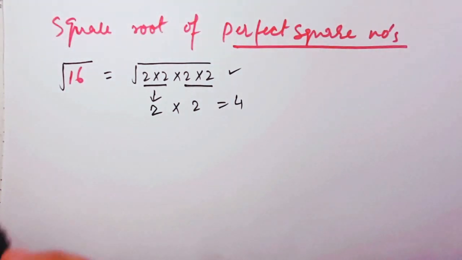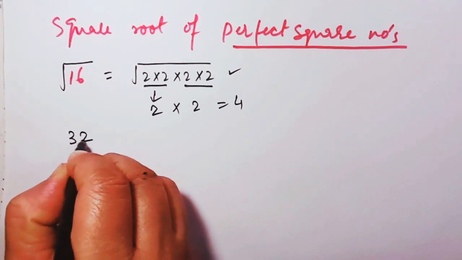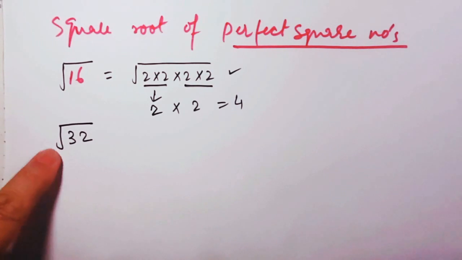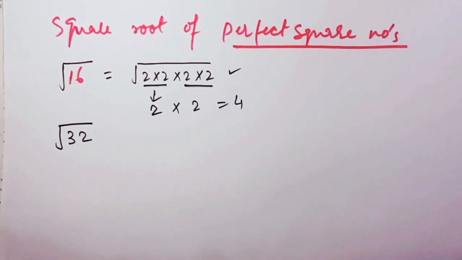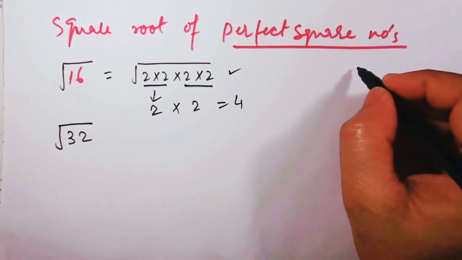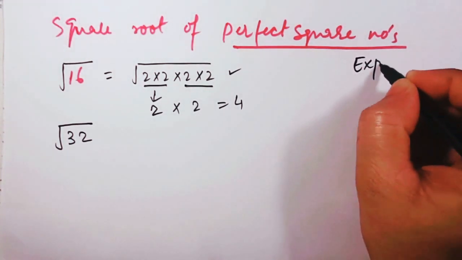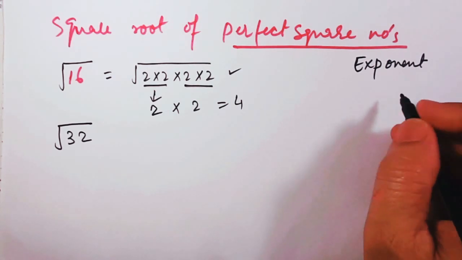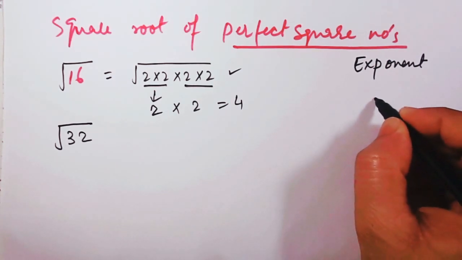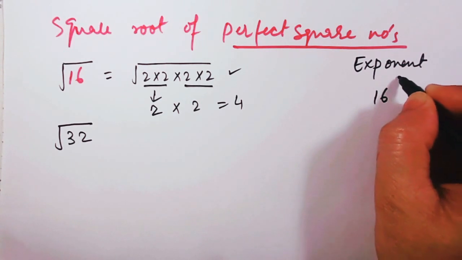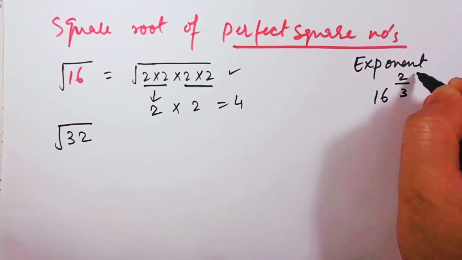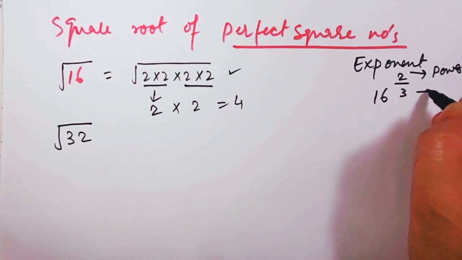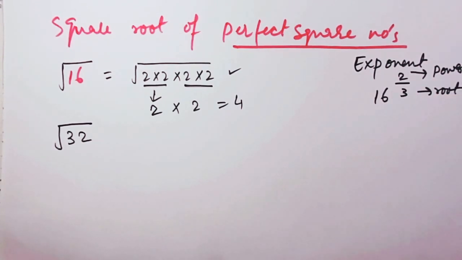Okay, what about 32? Square root of 32. See, this is the sign of square root. Remember that when you had studied indices or exponents, you had been taught that if it is 16 to the power 2 by 3, then 2 became your power and 3 became your root, meaning the denominator becomes the root.